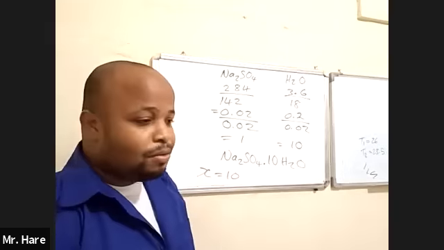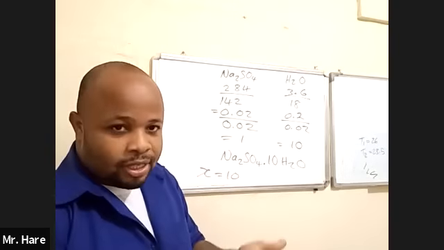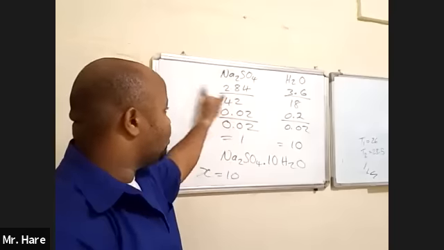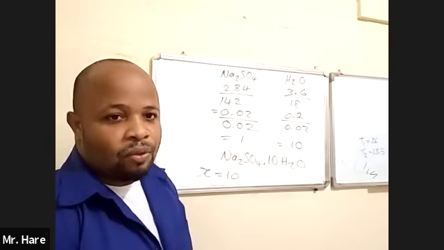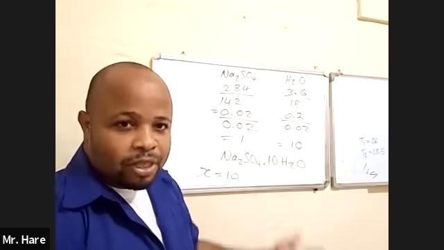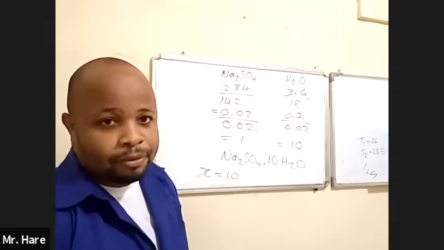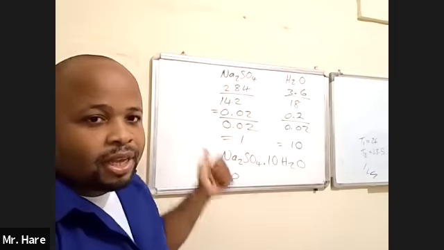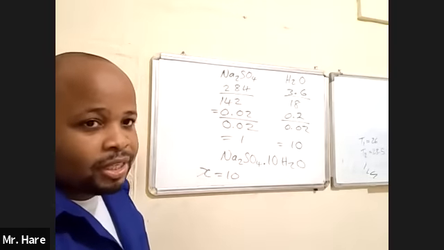Or they can tell you the mass of the hydrated salt and the mass of the anhydrous salt, and you just subtract the two to get the mass of water. So it's not all the while they will give you the mass of the crucible and all of that stuff. They can skip that information and just tell you directly the mass of the anhydrous and the hydrated salt.